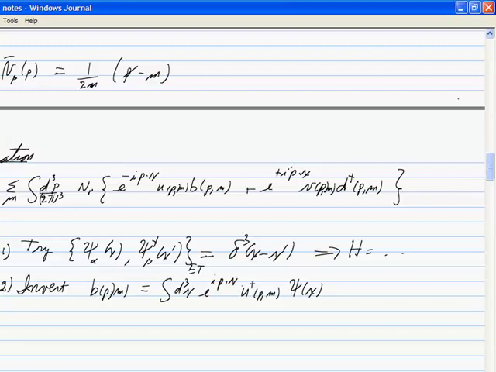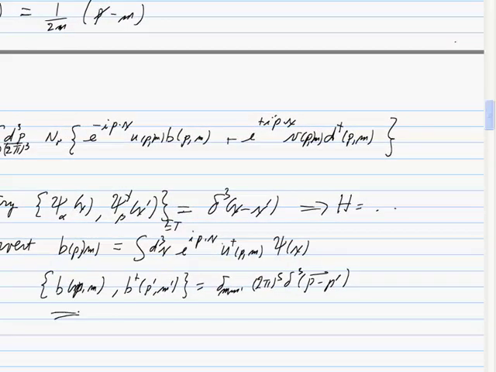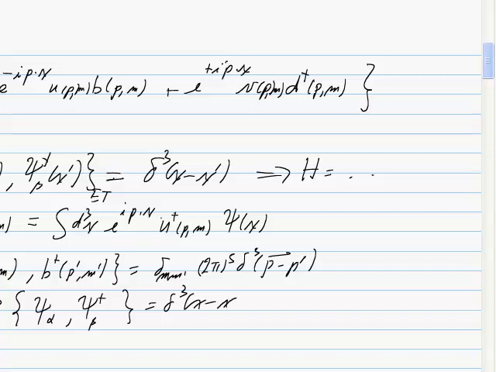Okay, so I could invert this, and then if I chose the anti-commutation rules for the b of p and m, equaling delta m m prime times 2 pi cubed, delta 3 of p minus p prime, so if I chose the anti-commutation rules that I'd want, this then implies that psi alpha, psi dagger beta is delta 3 of x.